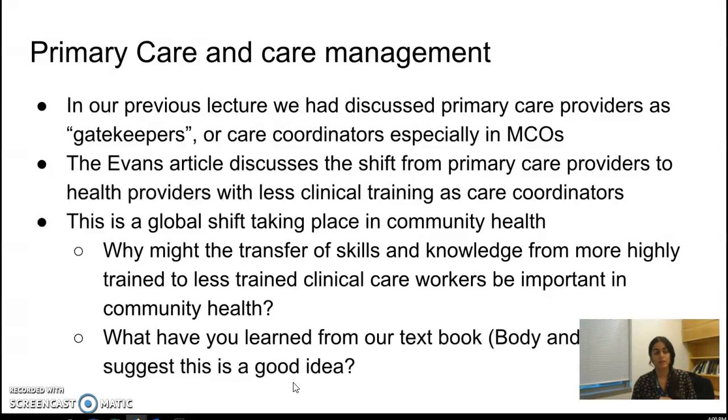People gave amazing, excellent responses to the discussion about this topic, about transferring knowledge and skills to volunteers and to lower trained health providers. And what have you learned from our textbook to suggest that this is a good idea?